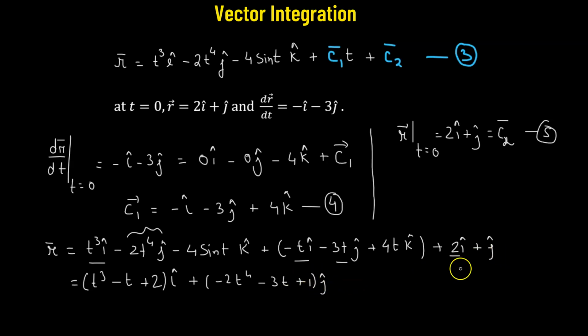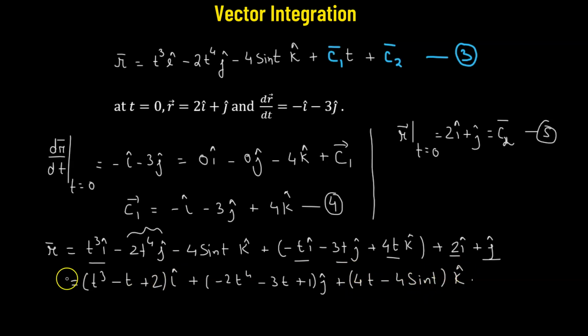And finally we'll combine the components of k cap, which is 4t minus 4 sine t multiplied to k cap.